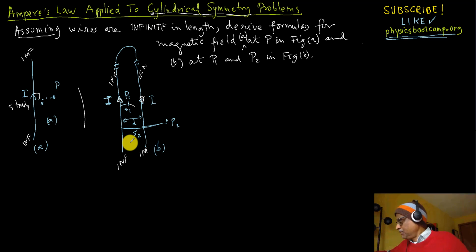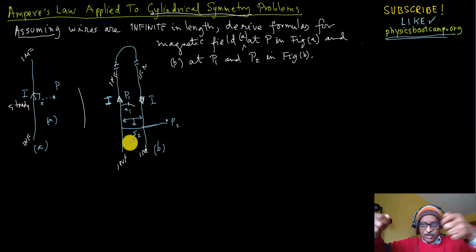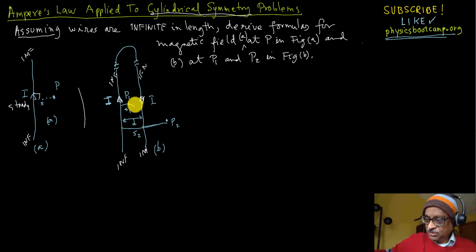If you look at any of those strips of wire that you have in your household, there's one current going this way and the current comes back this way. So S1 is a point between, and S2 is a point outside, and the distance between the two wires is d. So we're supposed to find the magnetic field here, and the magnetic field over here.